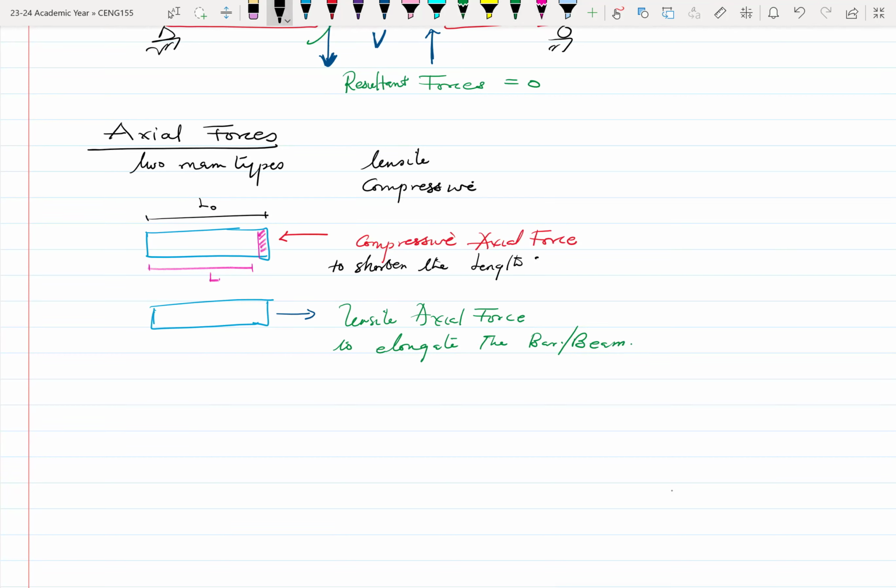For the tensile, if your original length was L naught, with time your L1 would have gone a little bit beyond because there's been some addition because of the elongation that it would experience.